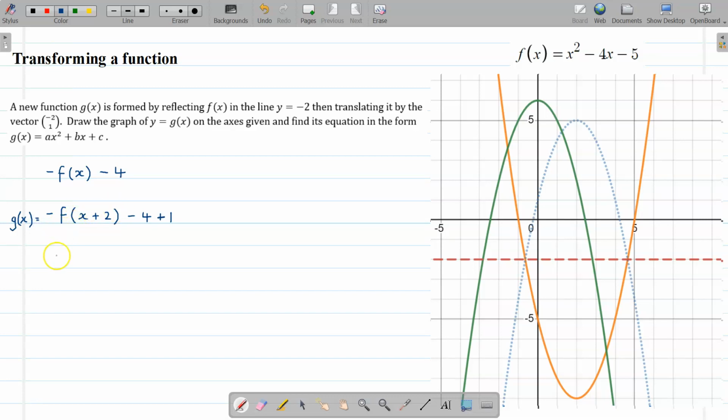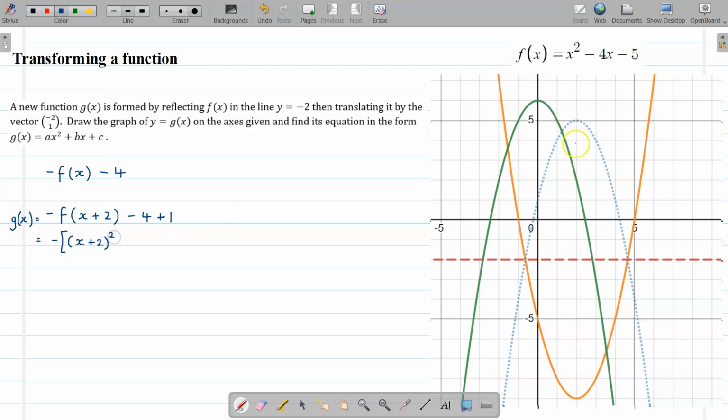So I'm going to do this step by step algebraically. So minus f of x plus 2 is equal to the negative of f of x plus 2. This means I replace everything where it says x here with x plus 2. So it's going to be the negative of, I'm going to put a big square bracket, x plus 2 all squared.